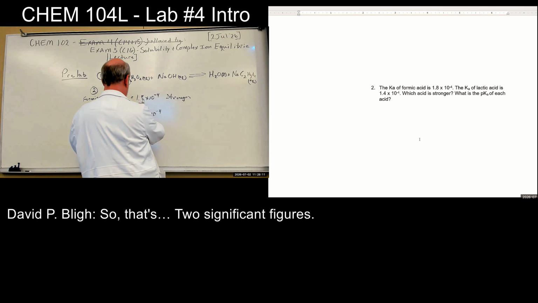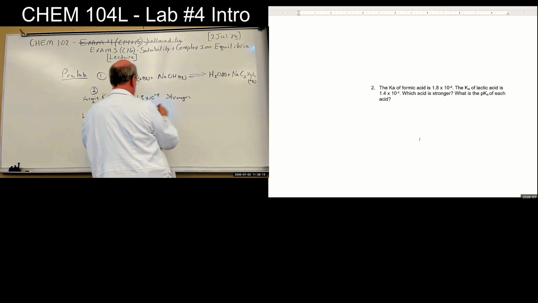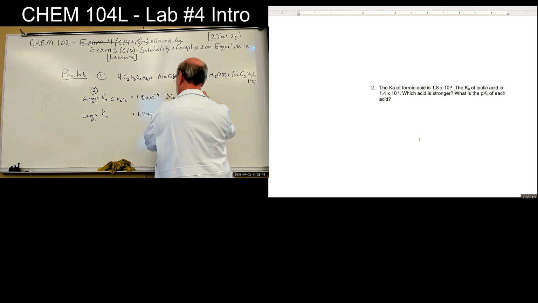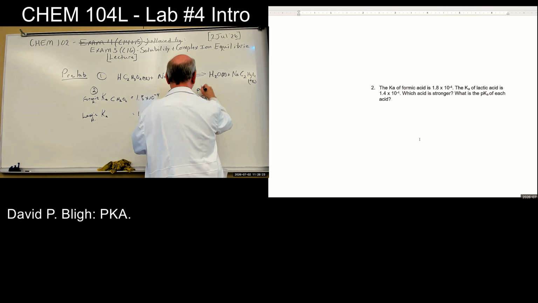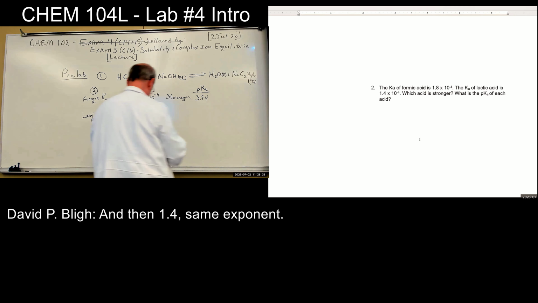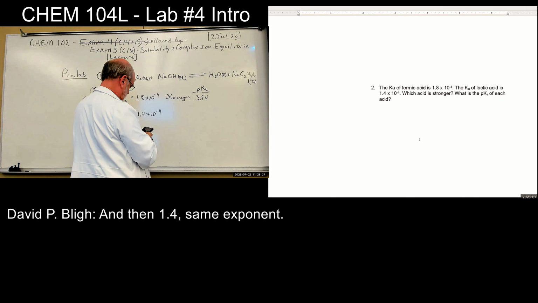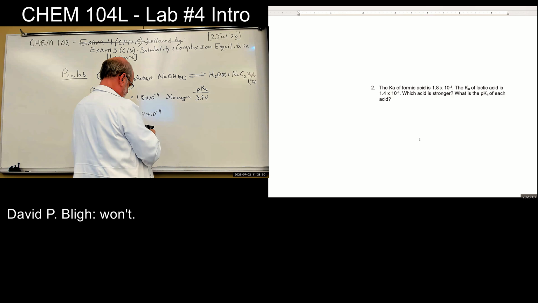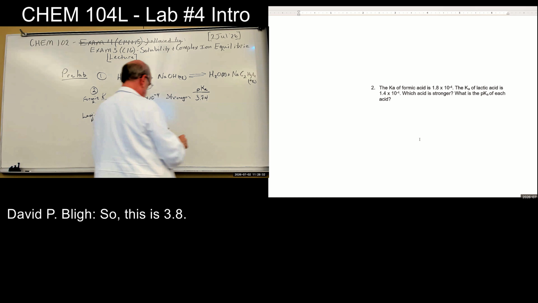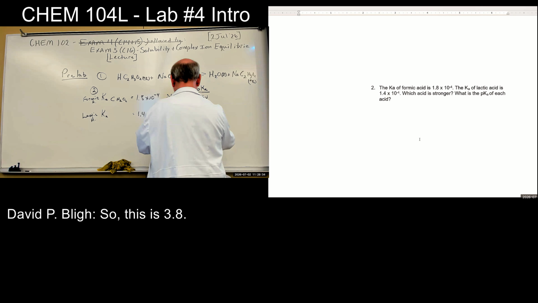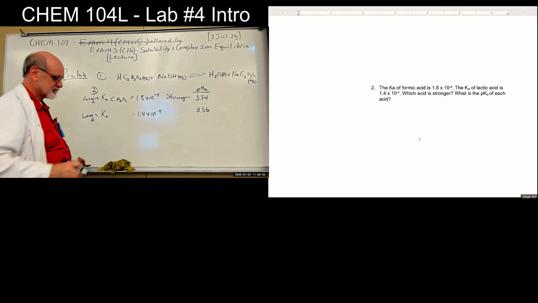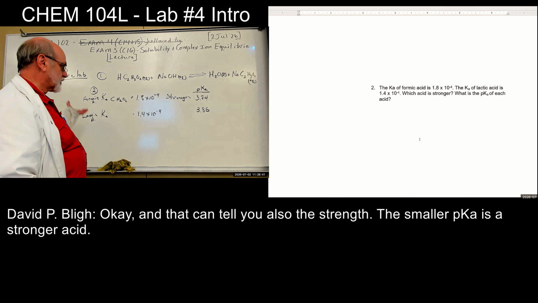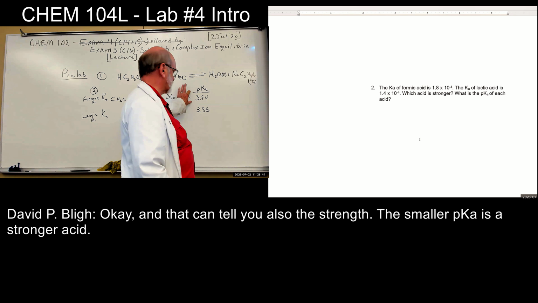That's 2 significant figures, so we need 3.74 for the pKa. And then 1.4, same exponent. Log. So this is 3.85. Right? Okay, and that can tell you also the strength. The smaller pKa is the stronger acid.